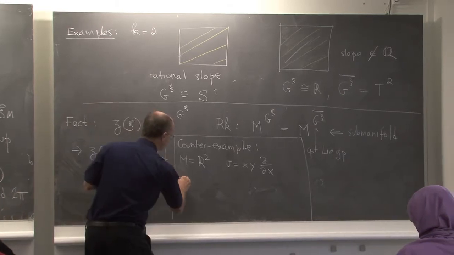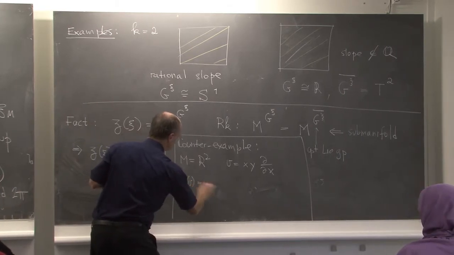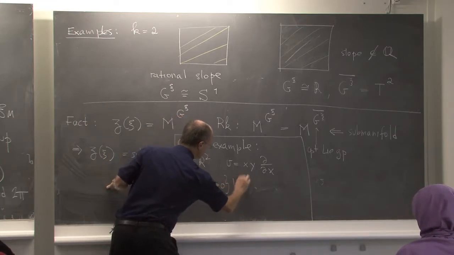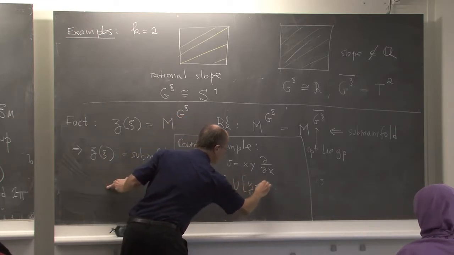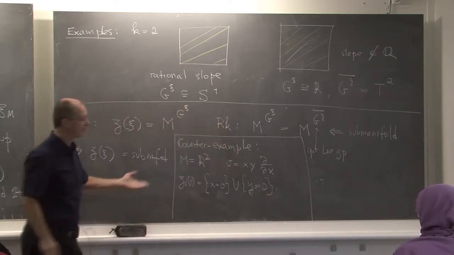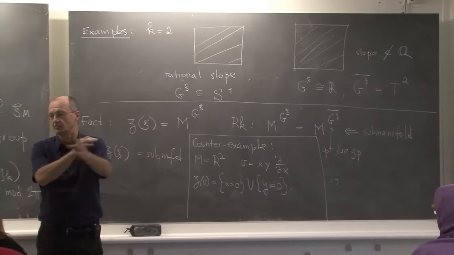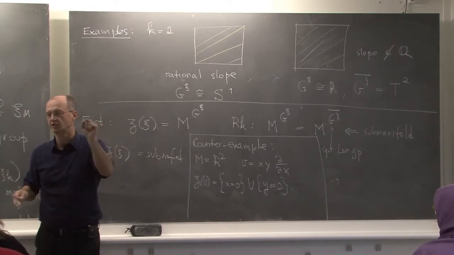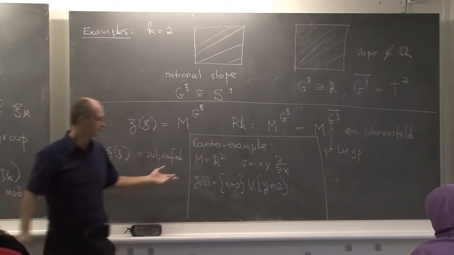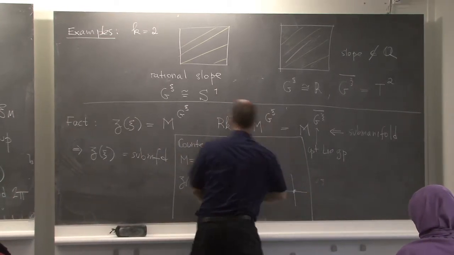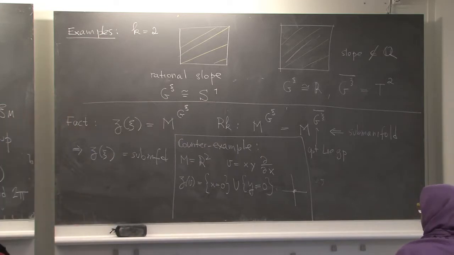Then of course the set of zeros of V is a union of two straight lines which intersect at the origin, and this is not at all a submanifold, because there would be this point at the origin which doesn't look like a point on a submanifold.